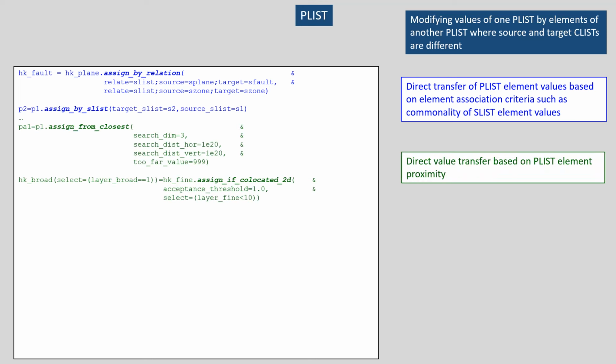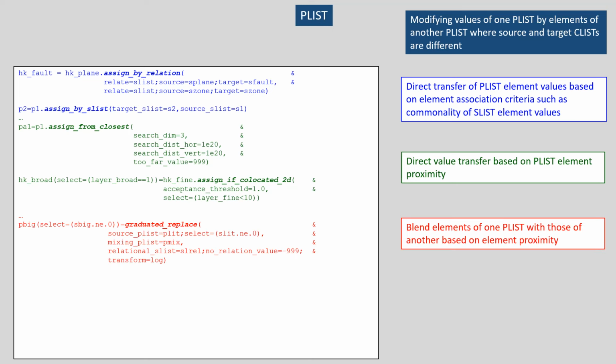We can directly assign elements of one plist on the basis of spatial proximity of elements of another plist, regardless of whether or not they have the same parent CList. More sophisticated operations based on spatial proximity allow blending of the elements of one plist with another plist.